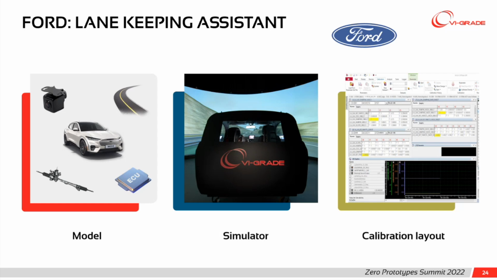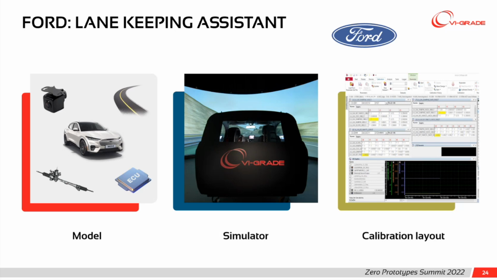You need to have a digital twin of your camera model, a digital twin of the roads you want to drive, and you need to have the control software for the electronic power assist steering. You combine all this, then you have an environment where you can now assess the lane keeping assistance.